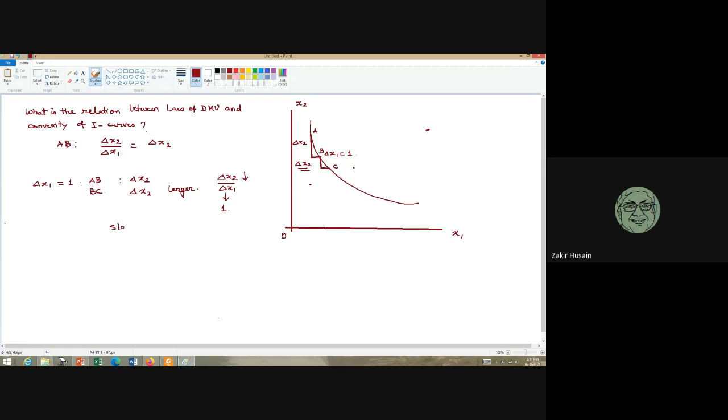So what will happen to slope? The denominator is always equal to 1. It is the same. And what is happening to the numerator, del x2? It is falling. So what will happen to slope? As I'm coming down like this, the slope is going to fall.